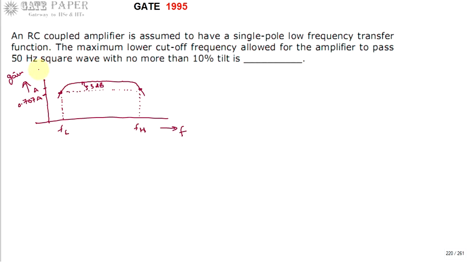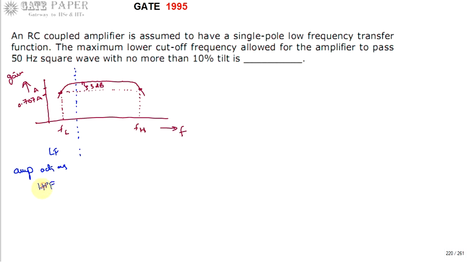And if you observe this low frequency side, the frequency response looks like this. At low frequencies, an RC coupled amplifier acts as a high pass filter.